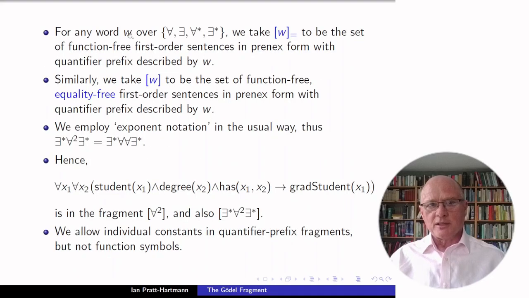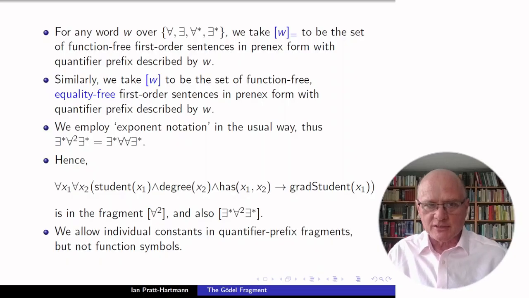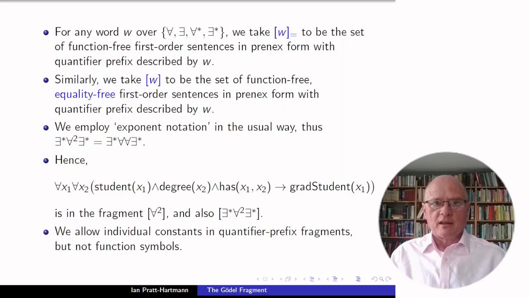So, for any word W over ∀, ∃, ∀*, ∃*, we take W, subscripted with equals in square brackets, to be the set of function-free first-order sentences in prenex form with a quantifier prefix described by the word W. Similarly, we take W in square brackets but without the equality subscript to be the set of function-free, equality-free first-order sentences in prenex form with quantifier prefix described by W. And we employ exponent notation in the usual way.